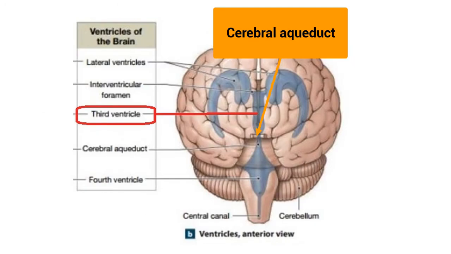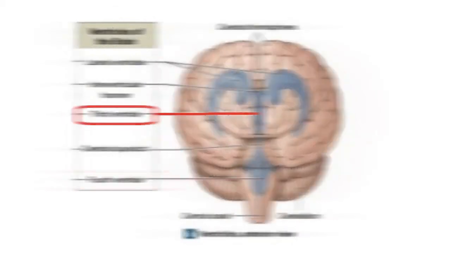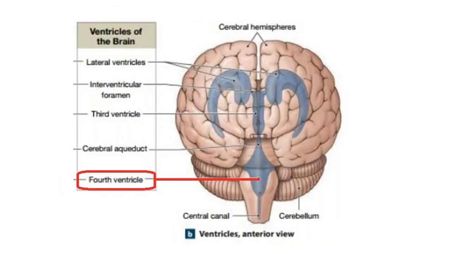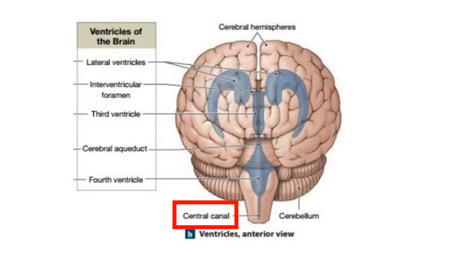So this is the third ventricle, which connects to the fourth ventricle via the cerebral aqueduct. And the fourth ventricle, as you can see, is diamond shaped, and that continues as the central canal. So this is the central canal of the spinal cord.